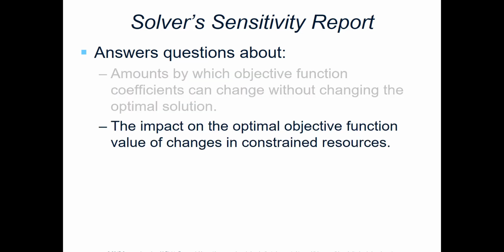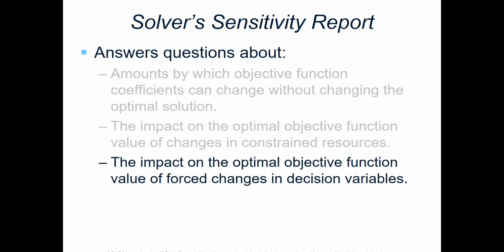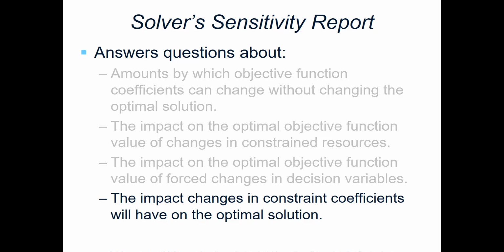The solver also answers the question of what's going to happen to the optimal value if I change any right hand side of a constraint, and basically it answers for all of the parameters. The solver sensitivity report answers all the changes that we may see in the linear programming model, including the objective function and right hand sides, and the impact of each parameter is shown in the solver sensitivity report.